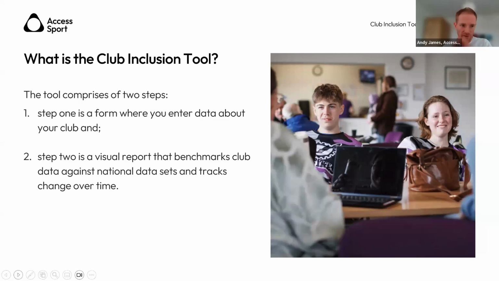That's just one thing that often crops up in questions. The tool comprises two main steps, as the slide in front of you says. There's the form, the data entry survey, and then step 2 is the visual report that turns that data into something more interesting to look at and overlays the club data with some other benchmarks and census data too.